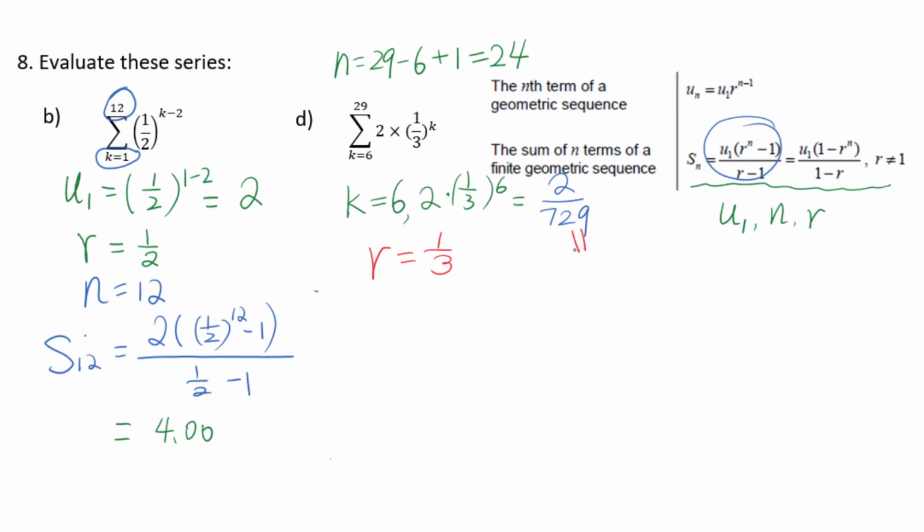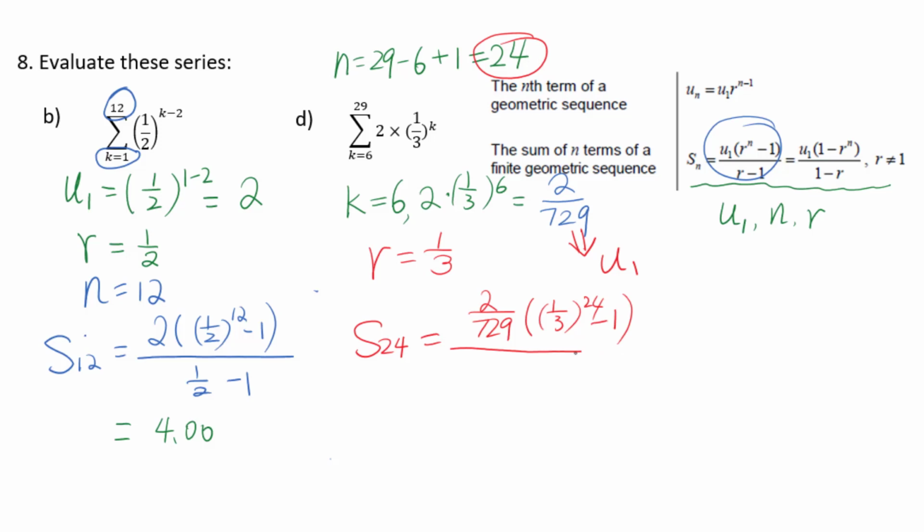Then for this one, we will label it as u sub 1. So S sub 24, because here n is 24, equals u sub 1, which is 2 over 729, times 1 over 3 to the 24th power minus 1, over 1 over 3 minus 1.